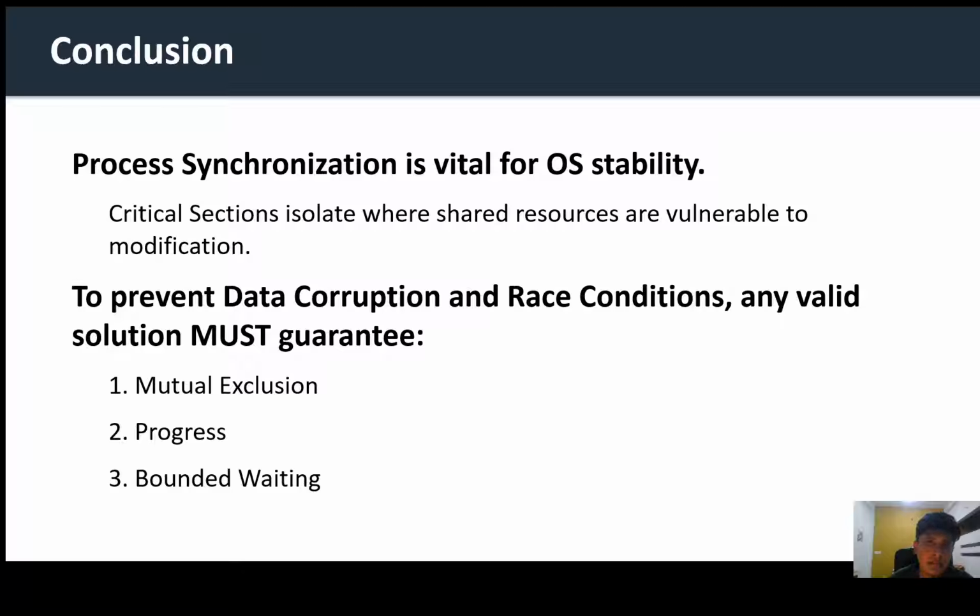Once one process gets into critical section, the other one should wait till process A gets executed, right? To prevent data corruption and race condition, any valid solution must guarantee mutual exclusion, progress, and bounded waiting. If these three are followed in critical section or the process synchronization part, the race condition and data corruption will never ever happen. Okay, thank you.